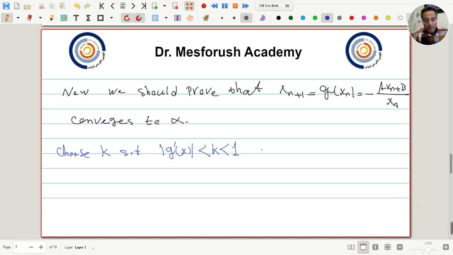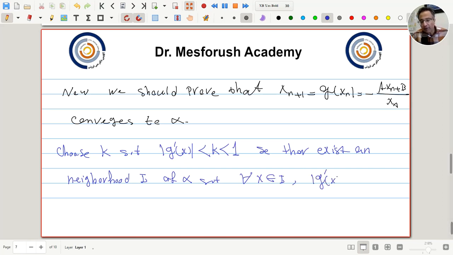Okay? So, there exists a neighborhood, we call it I of alpha, such that for all x in the neighborhood I, we will have absolute value of g prime of x less than k and less than 1.